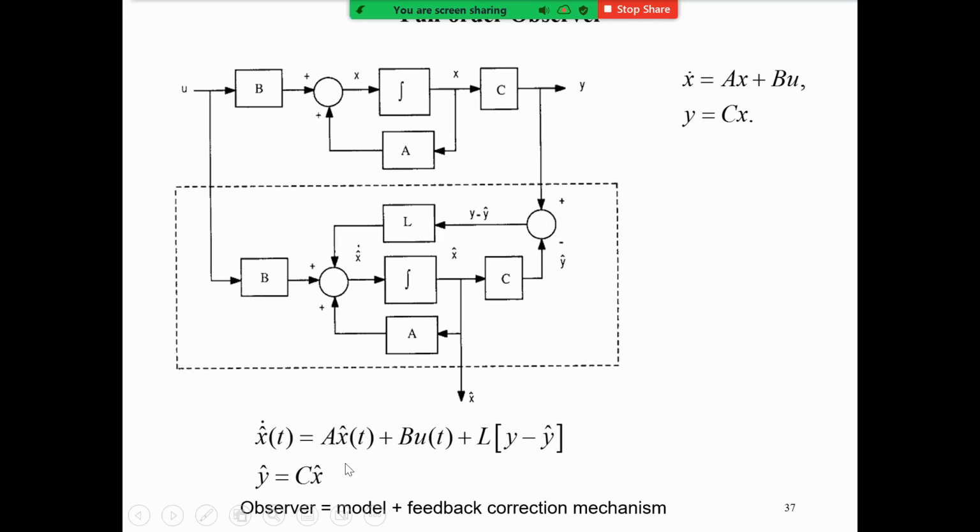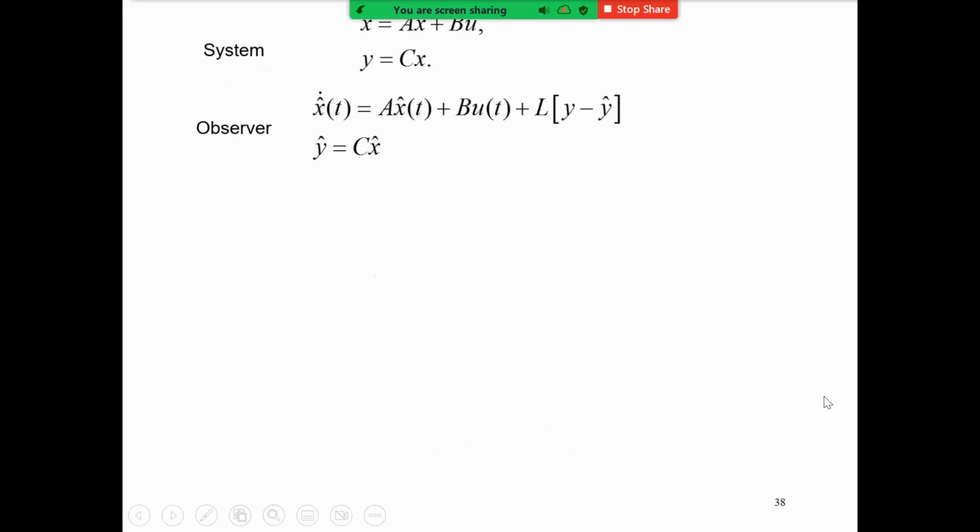With this simple feedback, we can make sure that the estimation error will go to 0. Okay, so these are the equations for the observer. When we analyze the estimation error, we realize what we need to do is to make this A minus L times C stable.